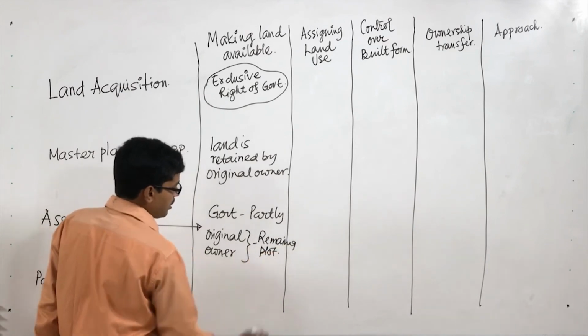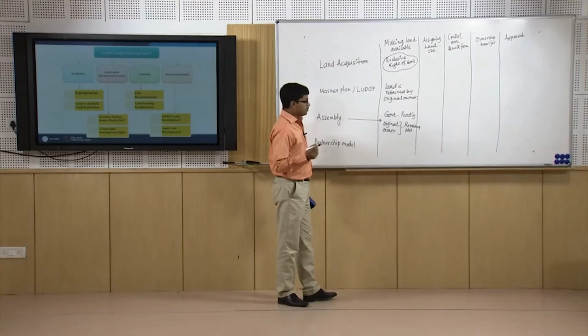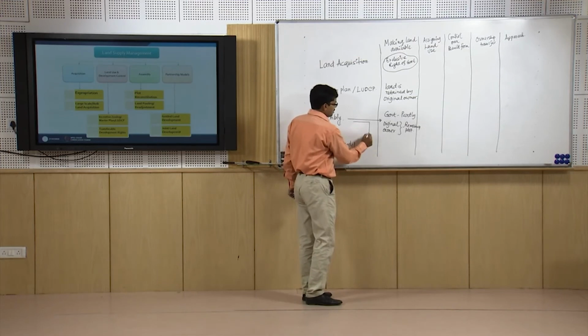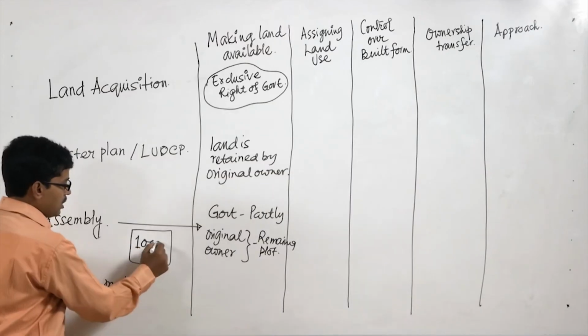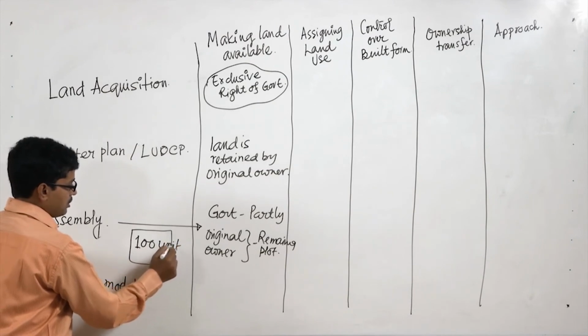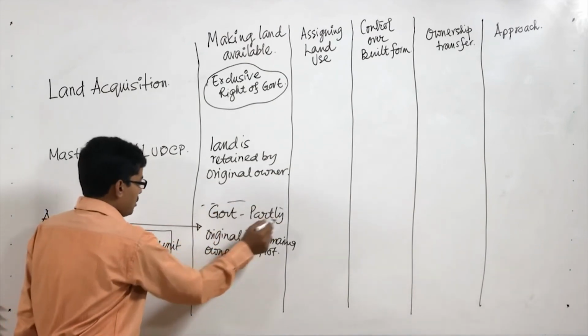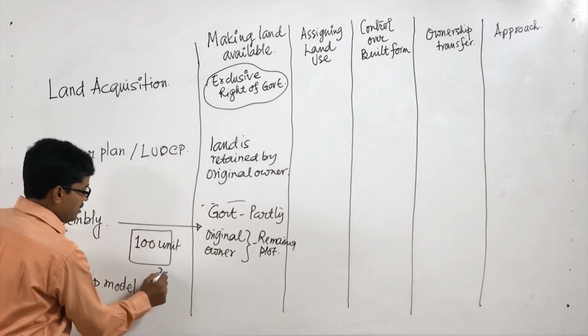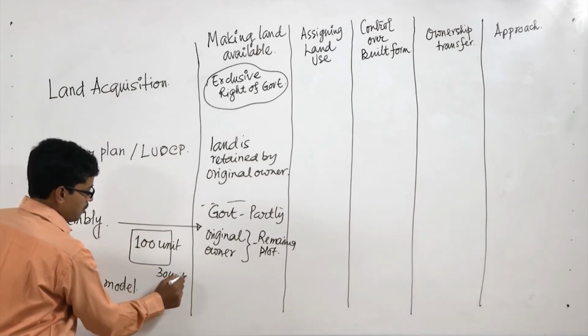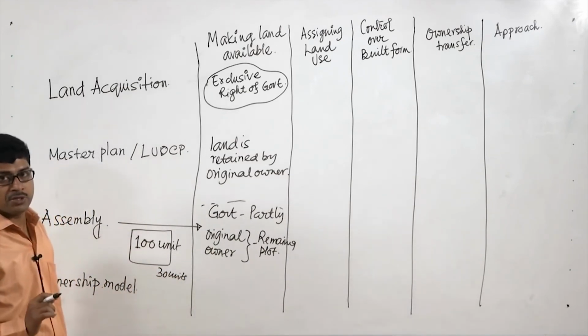Let me elaborate this part. Let us suppose the land unit is 100 units. For developing that 100 units of land, maybe government needs, say, 30 units of land for providing infrastructure, service, connectivity.